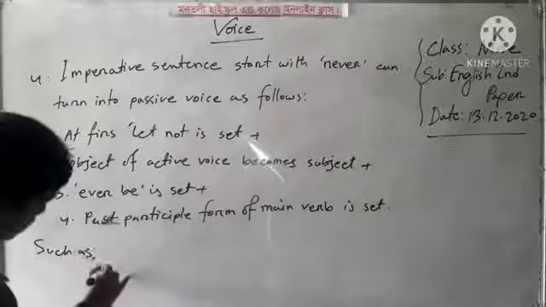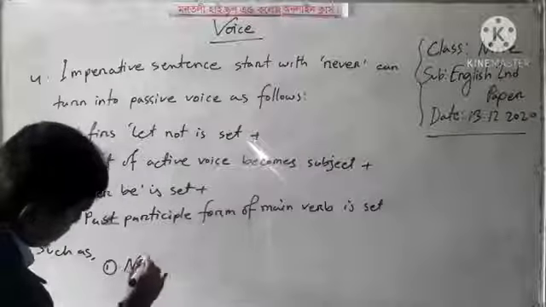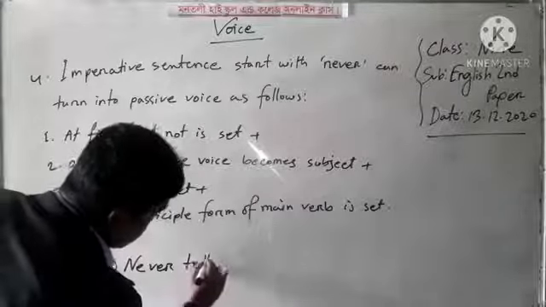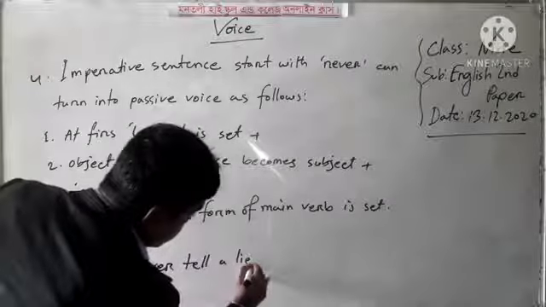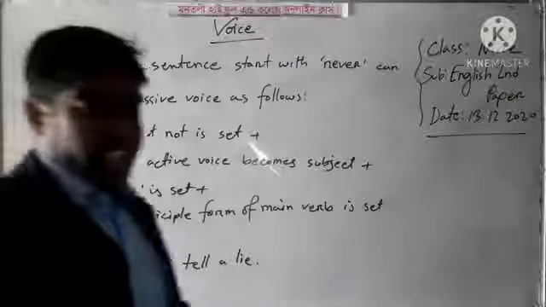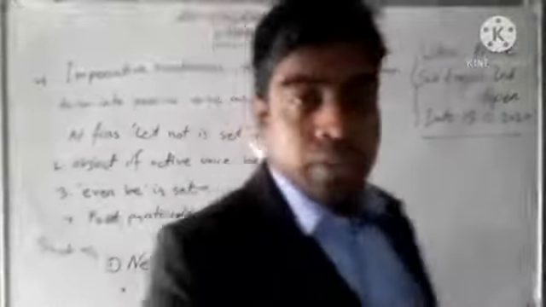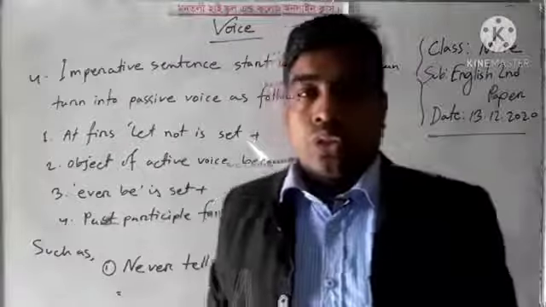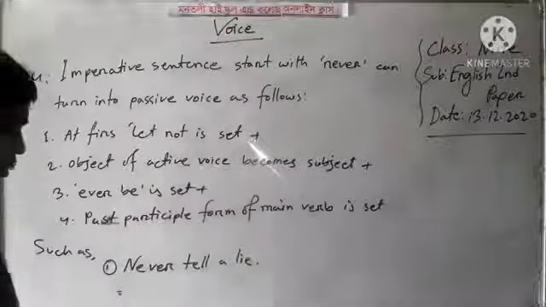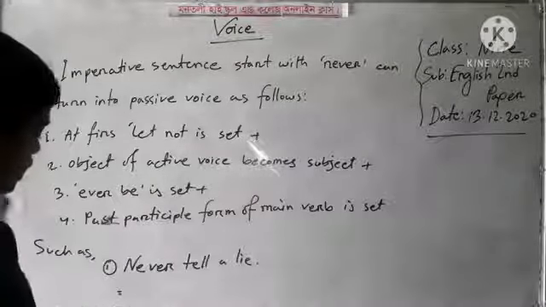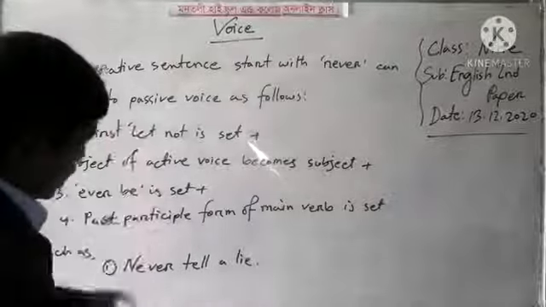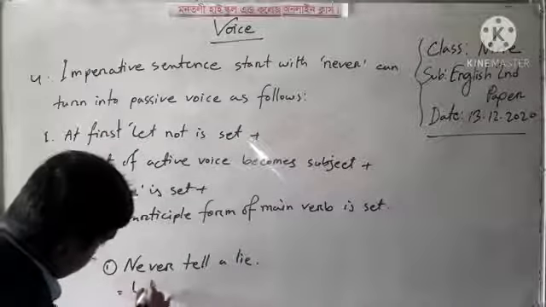Such as I can write here, never tell a lie. So how can we change the sentence into passive? Look at the board and follow me. According to the rules, at first I have to write let not.